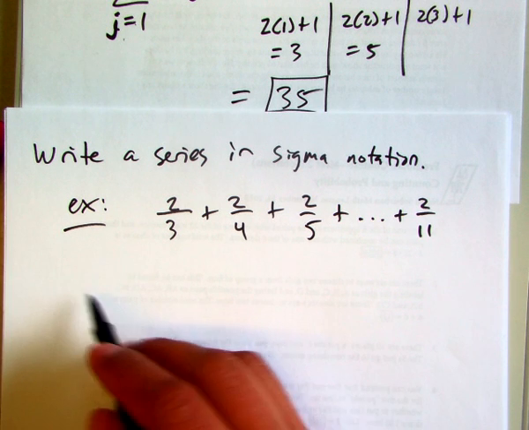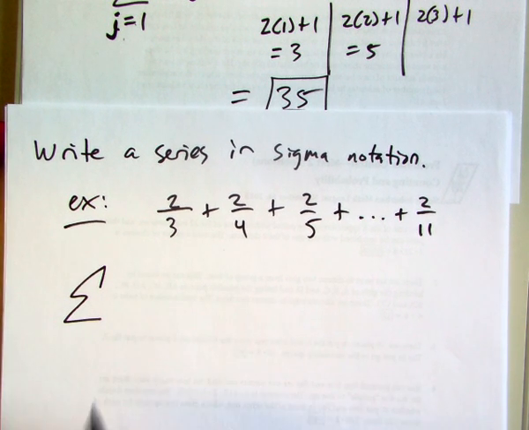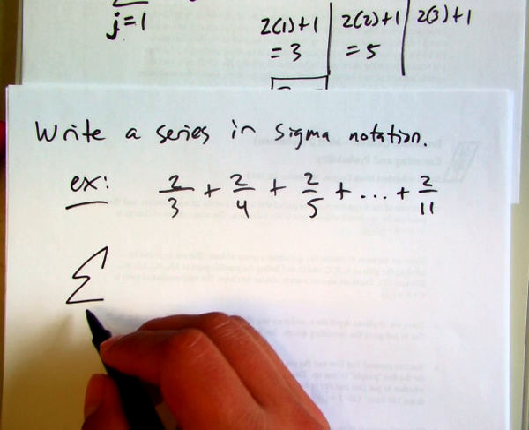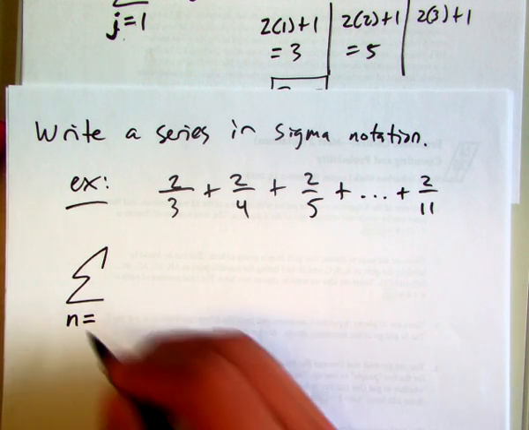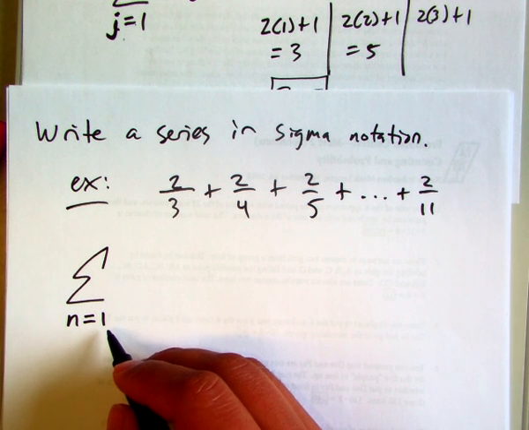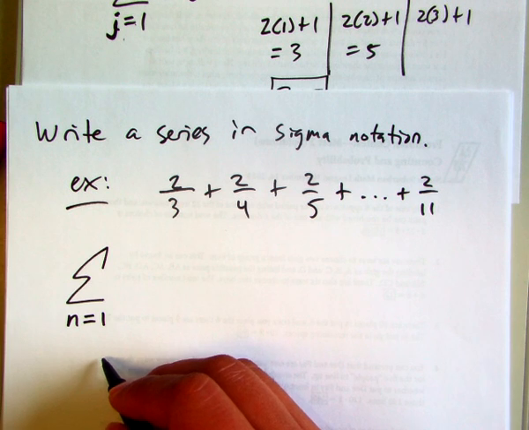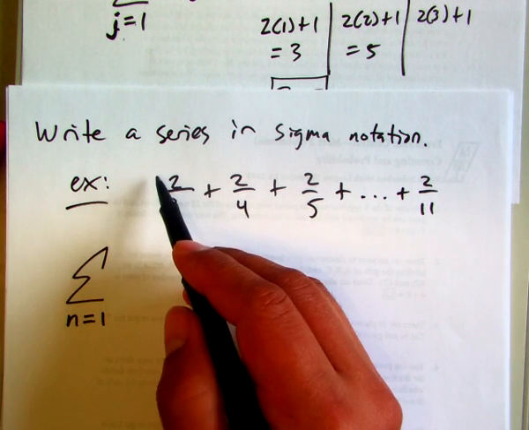I'll do this in 2 ways. Typically, not that you have to, but typically what you do is pick a letter. So I'll use N. And normally you start at 1, sometimes 0. But really you could start it wherever you wanted to. Okay? And now if you're looking at the list of numbers that you're adding up, you try to look for patterns.